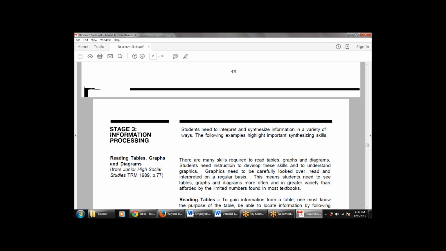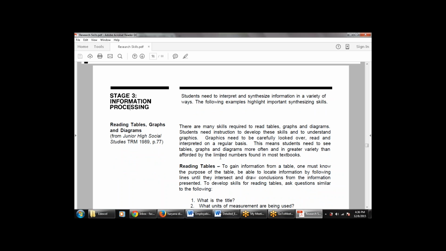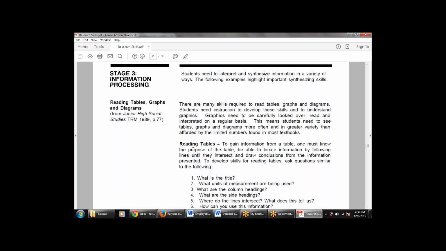They are a very good tool for information processing, because they provide a better way, a greater variety than afforded by the limited numbers found in most of the checkboxes.